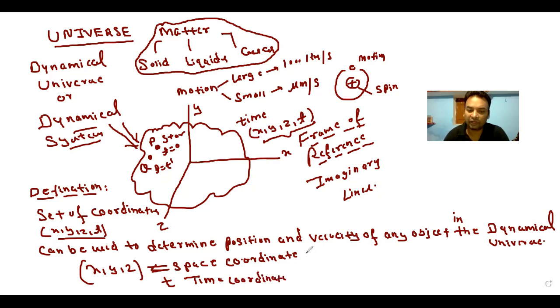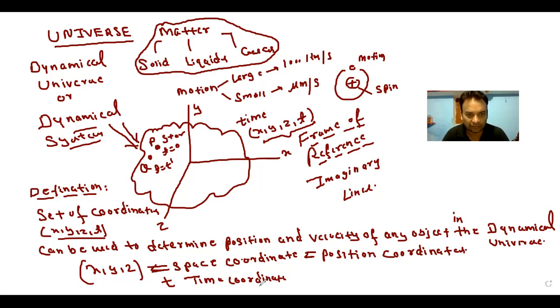These space coordinates are also called the position coordinates, because with the help of these coordinates, we can find the position of any object in the dynamical universe. And with the help of this time, we can find the time of observation. So we will find the position and we will find the time. At what time, what event is happening in the universe, what is the position of that event?